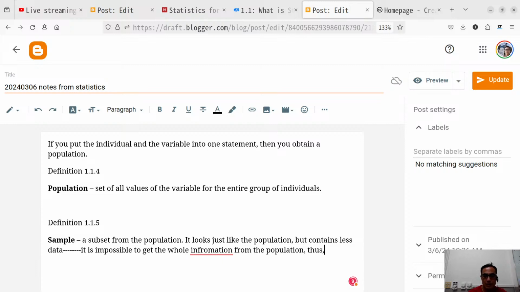Thus, let's try to select a small amount of individuals that is feasible.